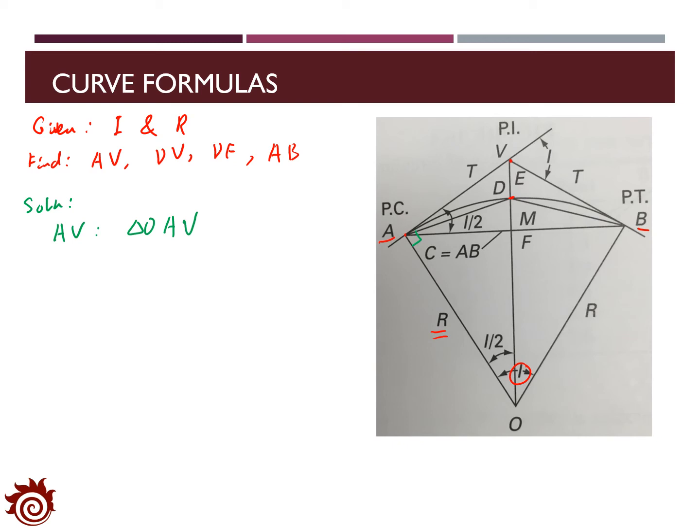And also we know that the angle AOV is just half of the intersection angle, so that is half I. Then we can derive the length of AV as AV equals R times tangent half I. This is the feature of the right triangle.